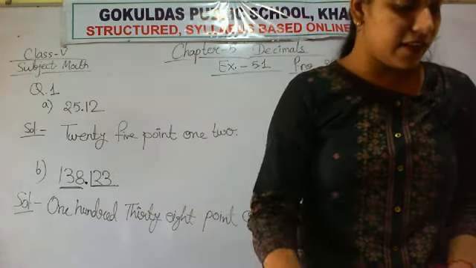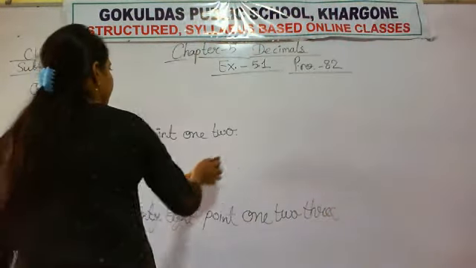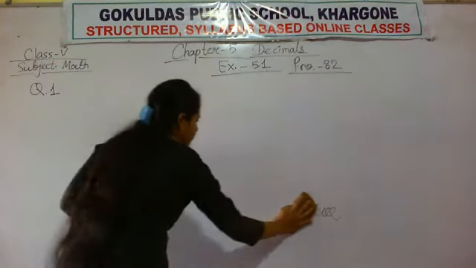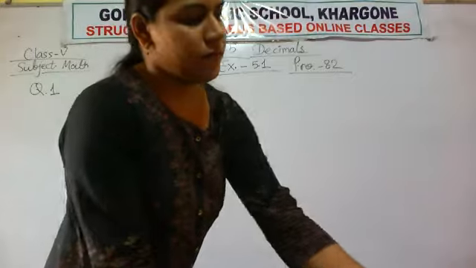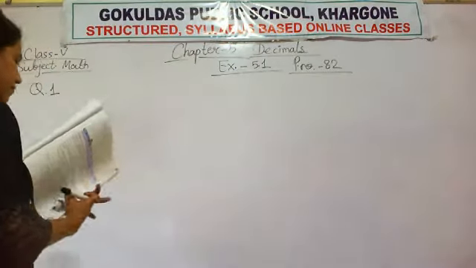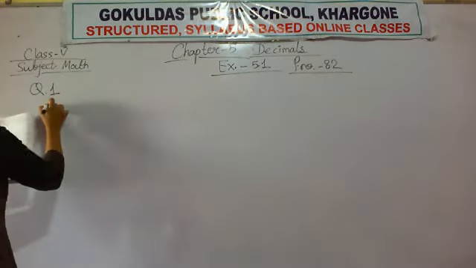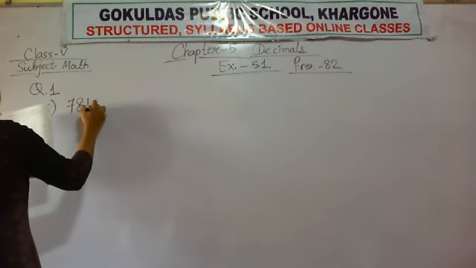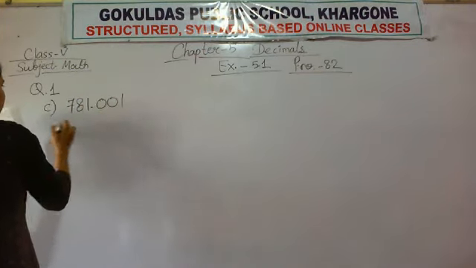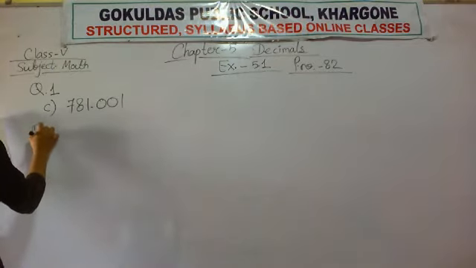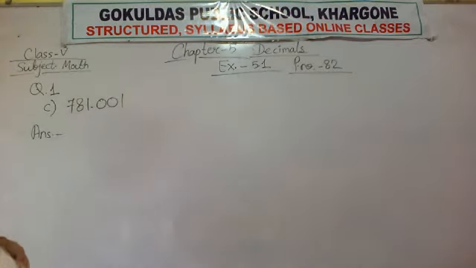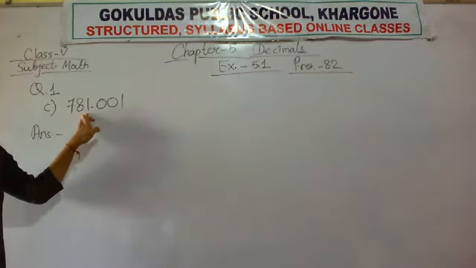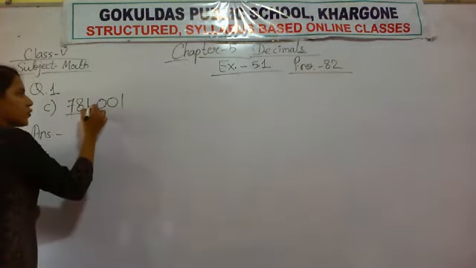Now part C, 781.001. Now read this number. 781 is a whole number, so we will read these three digits together.